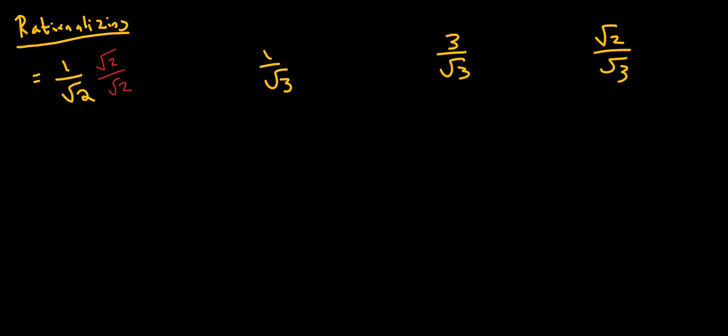Root 2 over root 2 is 1. So 1 times root 2 is root 2. Now root 2 multiplied by root 2 is just 2.